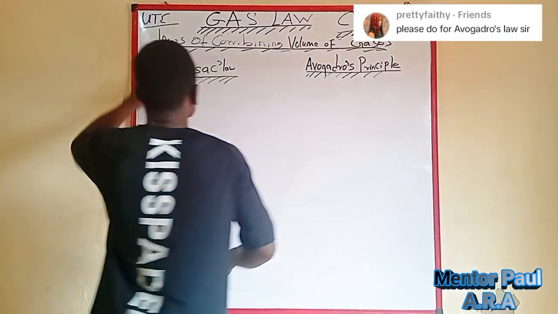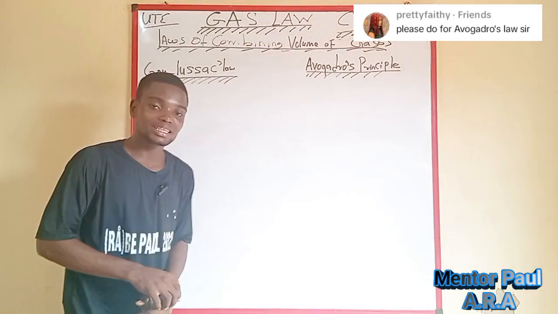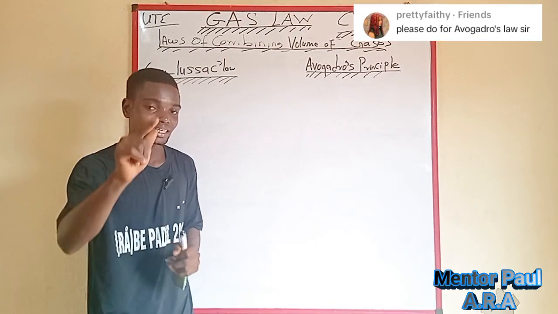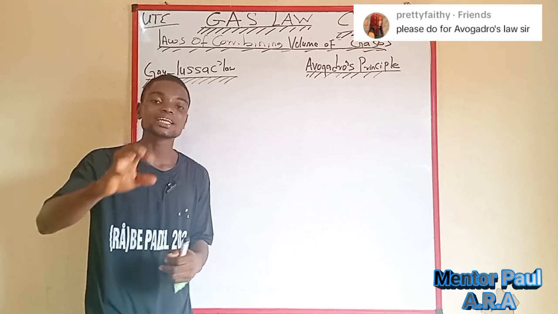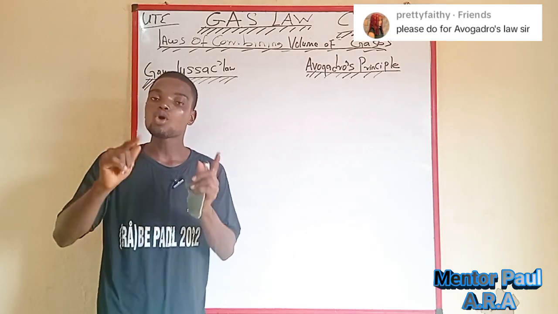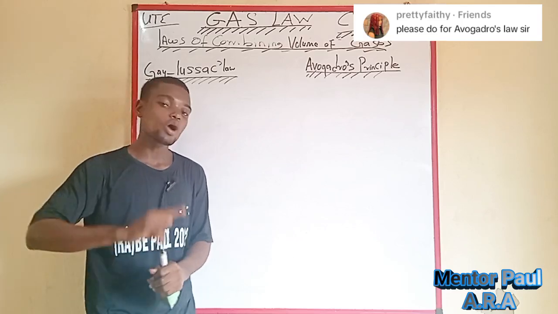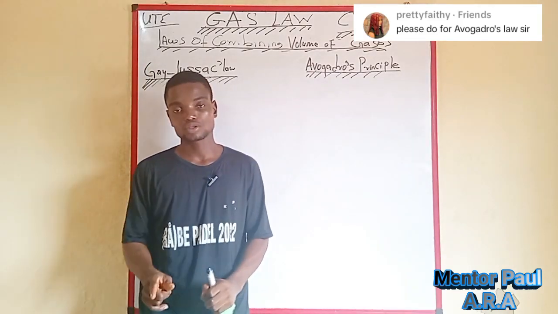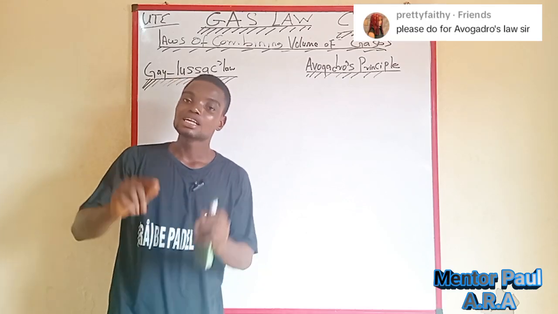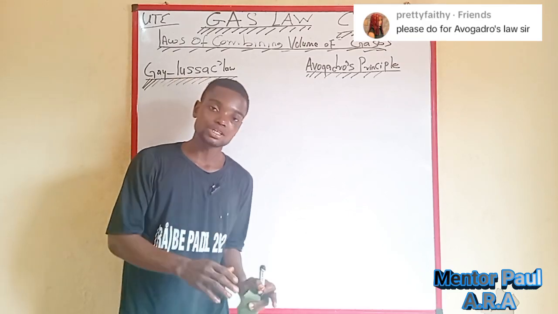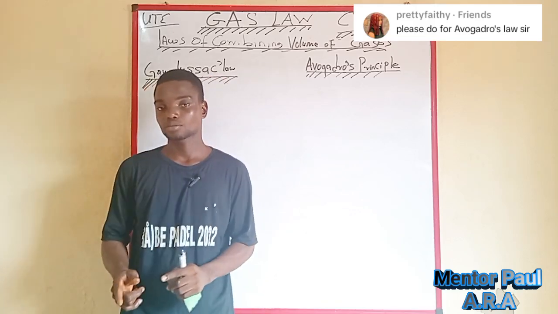Now, Gay-Lussac law stated that for gases to react, they do so in volumes which bear a simple whole number ratio to one another and to the volume of the gaseous product, provided that they are measured in the same condition of temperature and pressure.